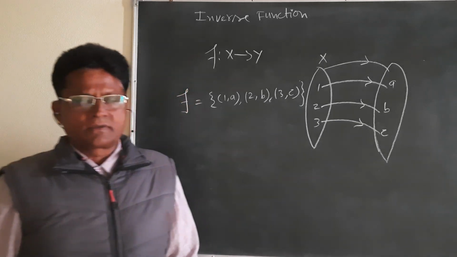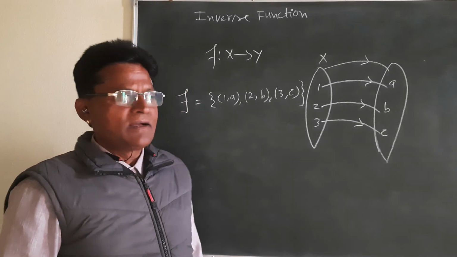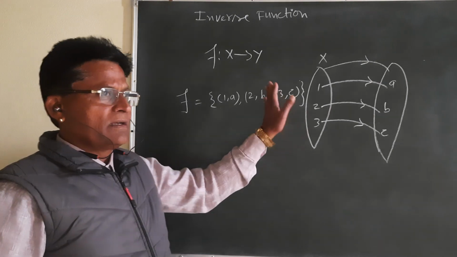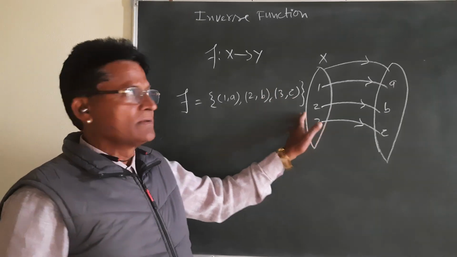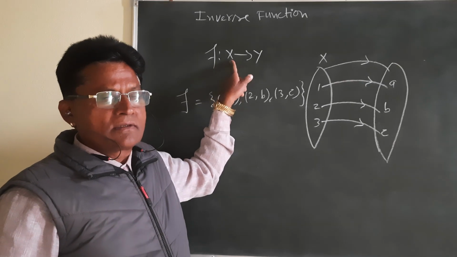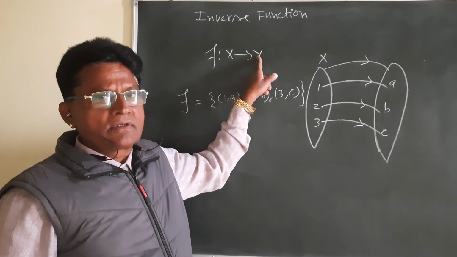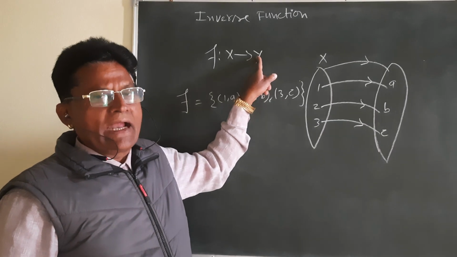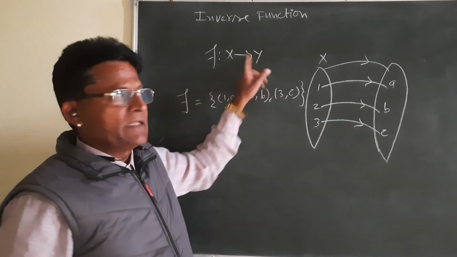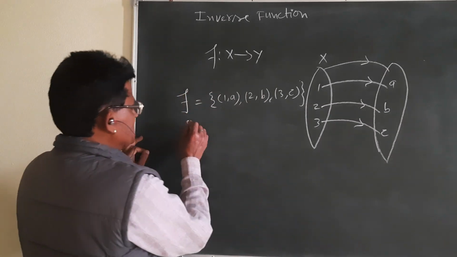That is the function. But whenever the question arises for inverse of the function, here you see I explain in detail that the elements of x come for domain and the elements of y come for codomain as well as range. What will be the domain for this function?